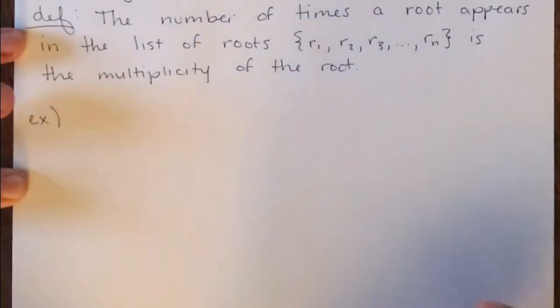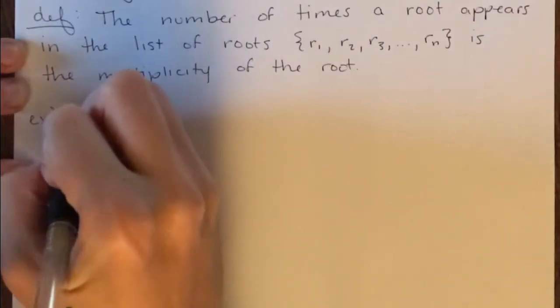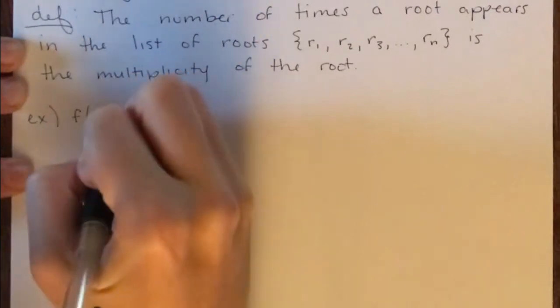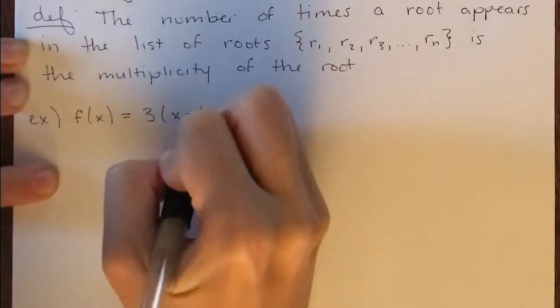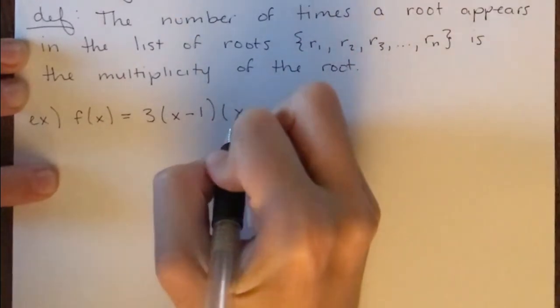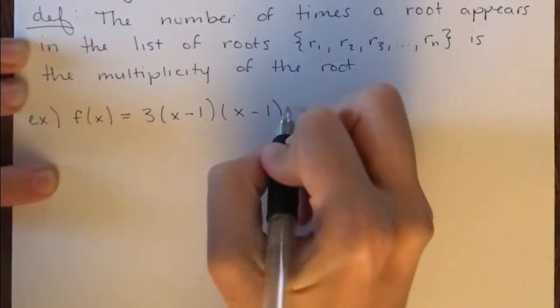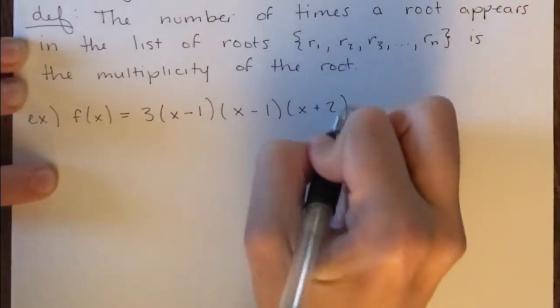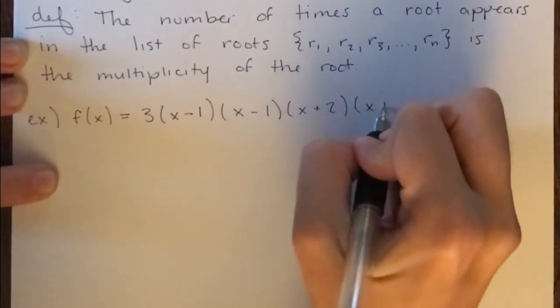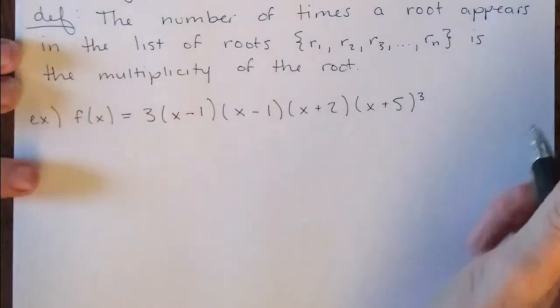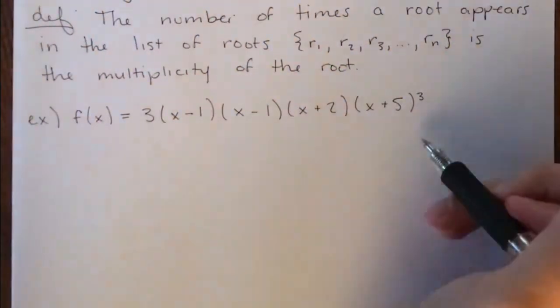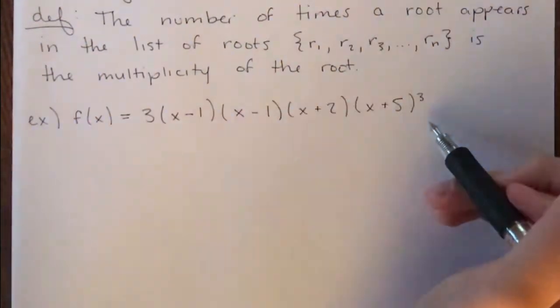So let's do an example with this. Let's say we have f of x equals (3x minus 1)(x minus 1)(x plus 2)(x plus 5) cubed. Okay, so first of all, is this in root form?